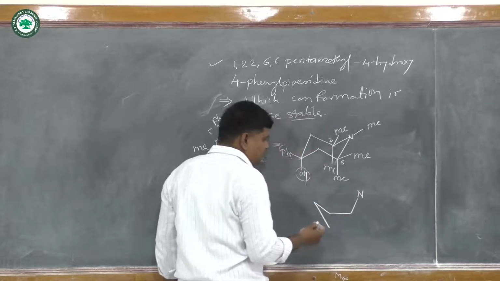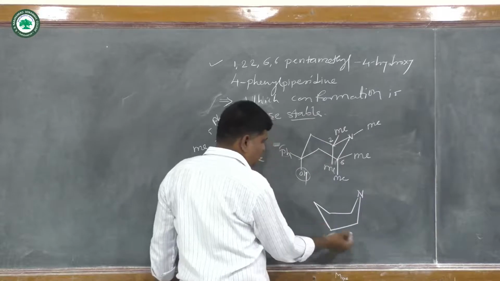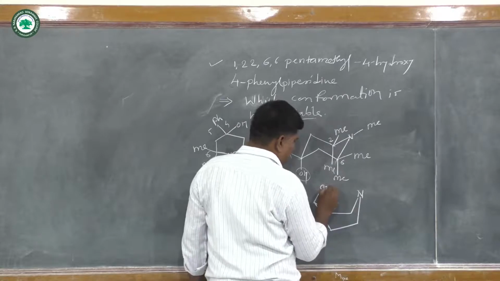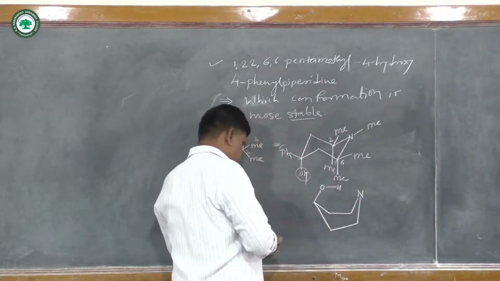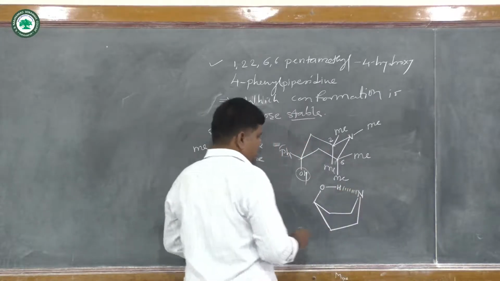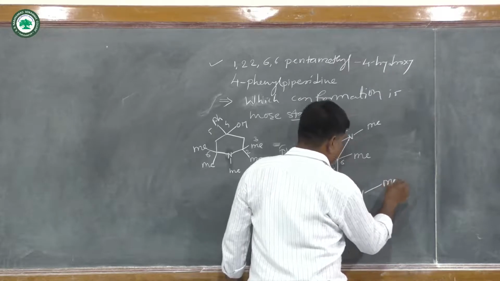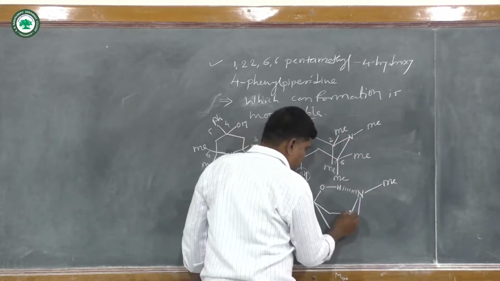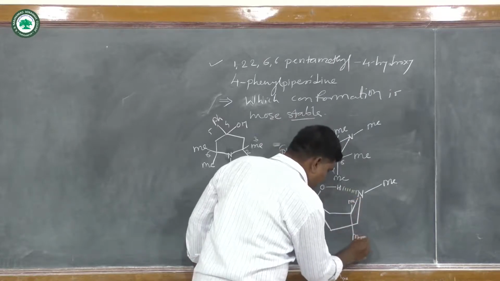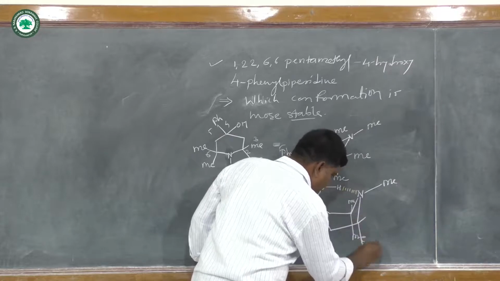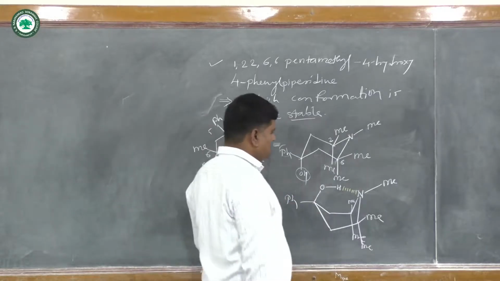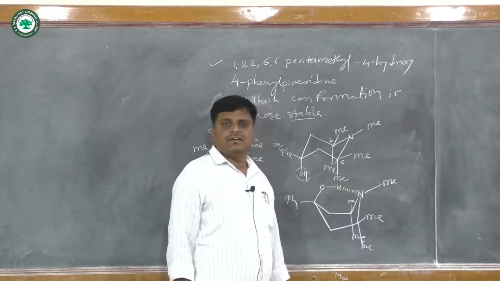Suppose this is nitrogen, and here we put the hydroxyl group, and now you see a linkage between nitrogen and hydrogen is possible. Here these are methyls, here also methyl, here is methyl, and here also methyl. These are the pentamethyl, and this is the phenyl ring. So this is the most stable conformation.